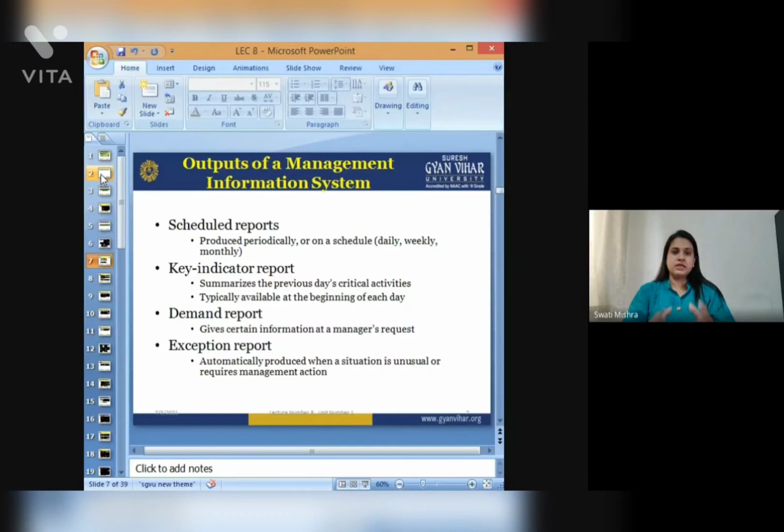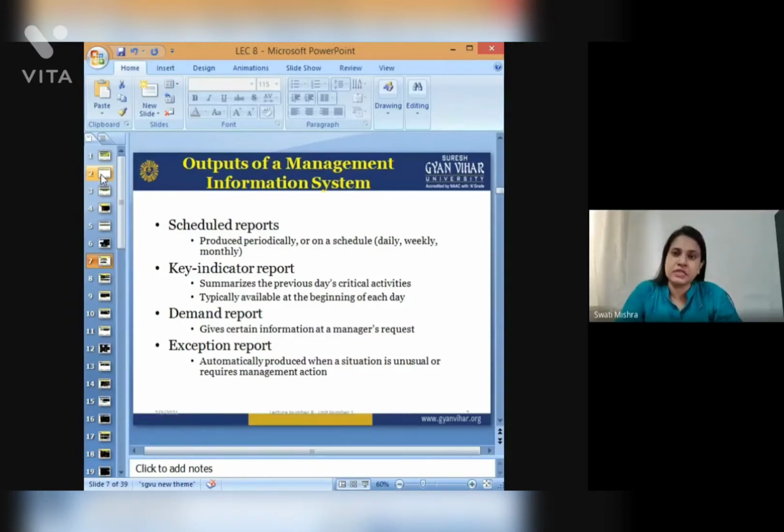So that is how information is fed into the management information system, which then converts it into the relevant information that is needed by the management to take key decisions or for performing different types of management activities.